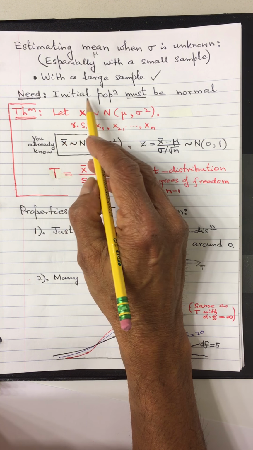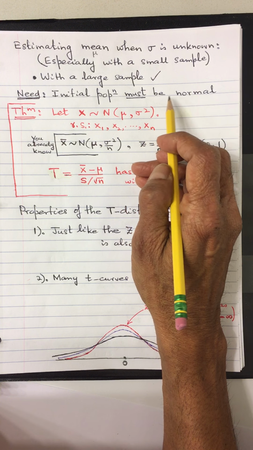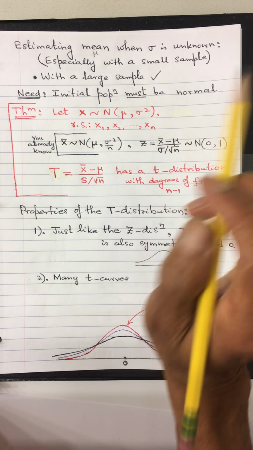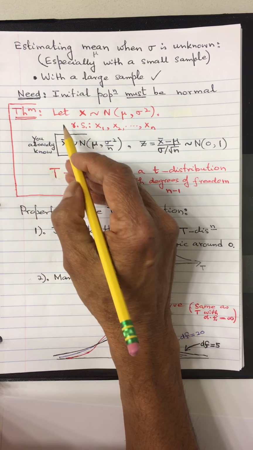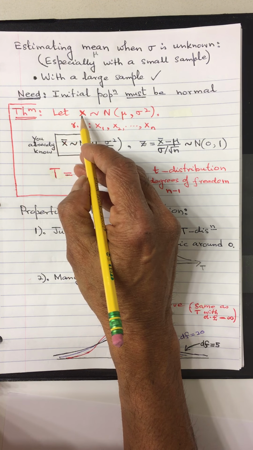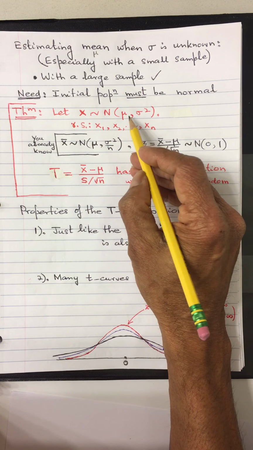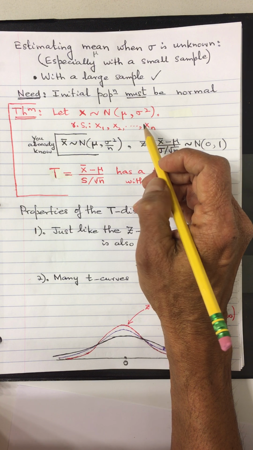The initial population we were talking about must be a normal distribution. So in other words, this is the theorem. Suppose the initial distribution has a normal distribution with mean mu and variance sigma square.